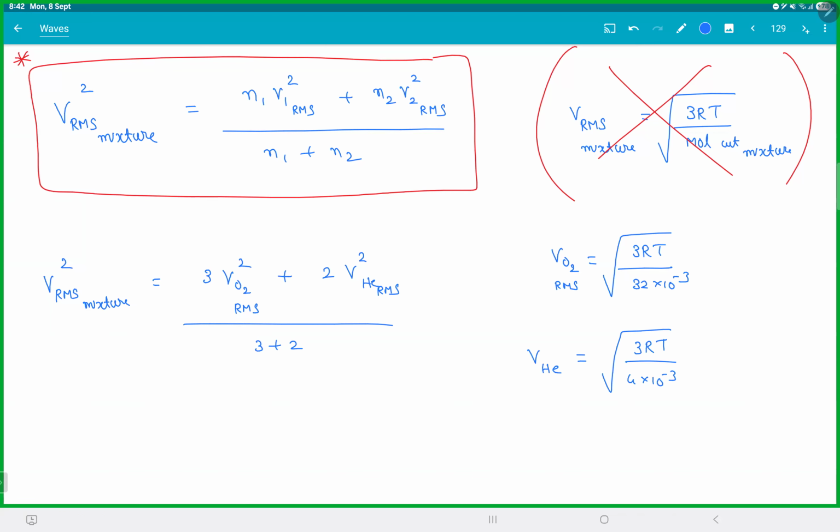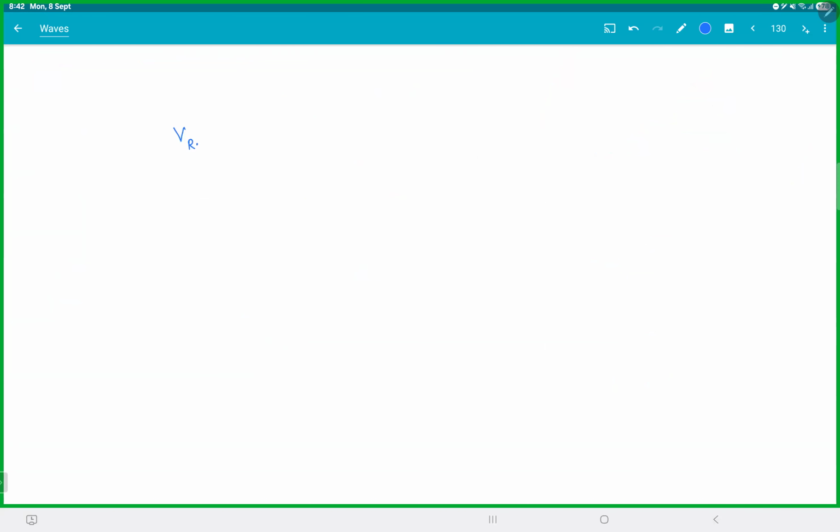No. Just try to see how different both the formulas are. This thing which we got, VRMS square, if you put N1, what is the RMS here? 3RT by molecular weight M1 into 3RT by molecular weight M2 by N1 plus N2. You just take out 3RT common.